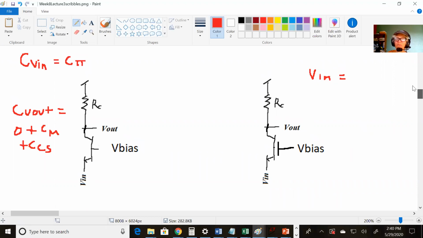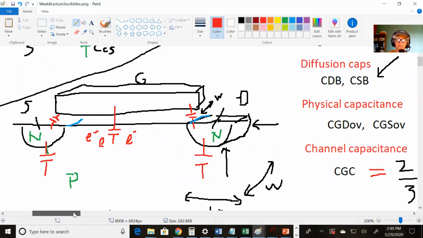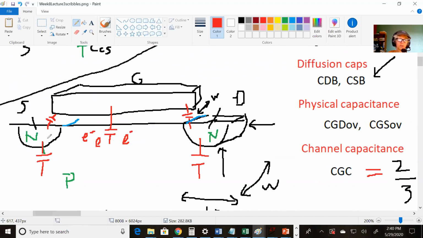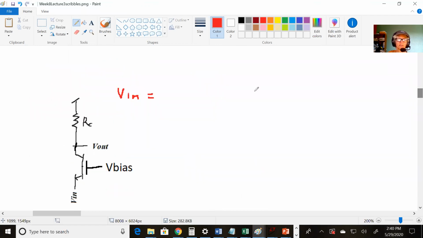So if we go back up to the MOSFET, if you're on the source, I see two capacitances directly connected to the source. What are those? CSB, source bulk, and CGSOV. Perfect. So back down here, you have C gate-source overlap and then C SB.